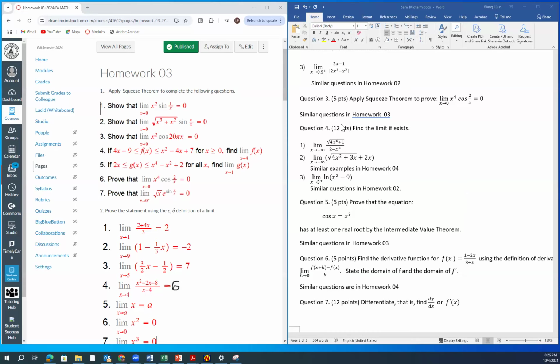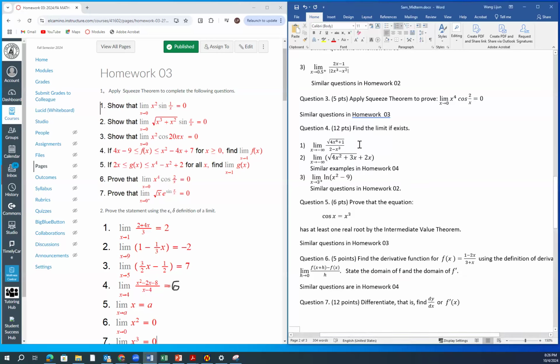Now, we talked about 3 limits, right? The 3 different types of limit. The fourth one is limit at infinity and the vertical asymptote. You're looking at question number 4. Okay, so let's do this one by one.